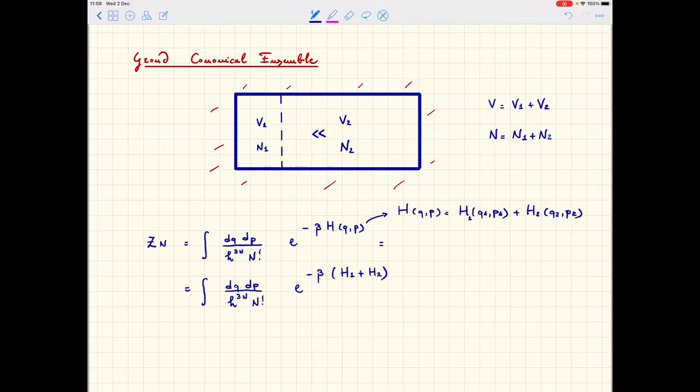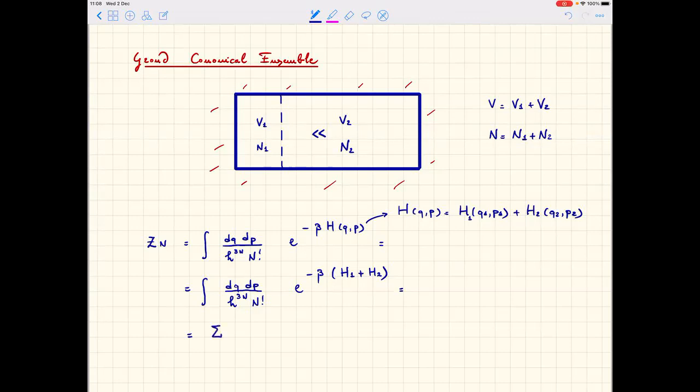Now we have to incorporate in this expression the fact that the number of particles can fluctuate between the two subsystems. So the number of particles in 1 and 2 is not fixed as in the case of the canonical ensemble, but can change. So in practice, we can rewrite this expression as follows.